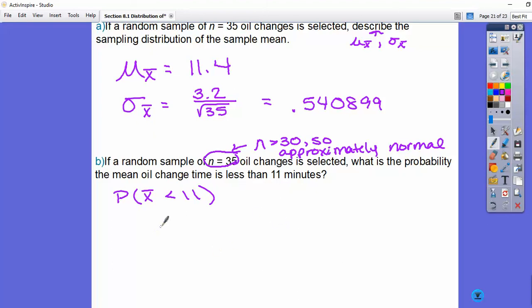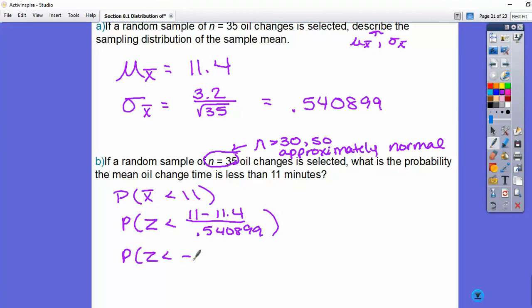Okay, so because my n is big enough, we can assume it's normal, so we can change it to a z. So you do your x bar minus the mean, 11.4, over the standard deviation. Now we need to round our z to 2 places because that's all the table goes to.